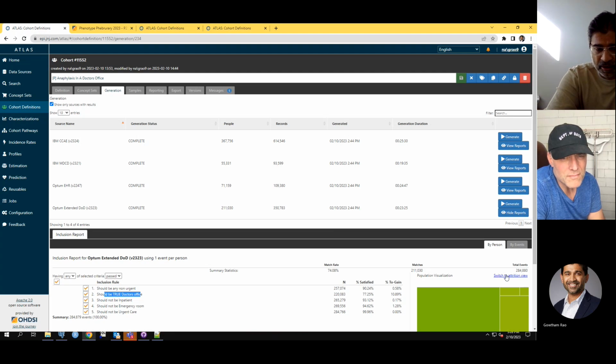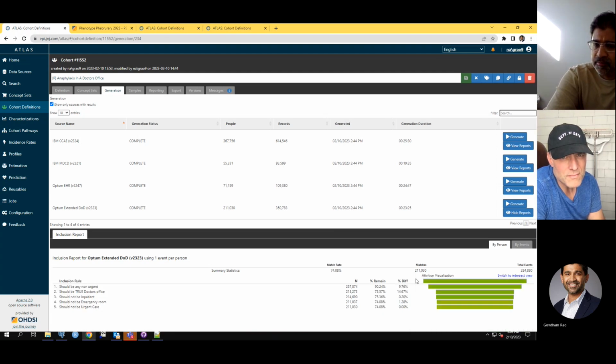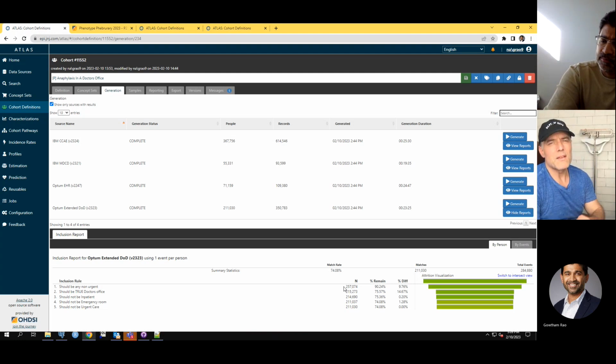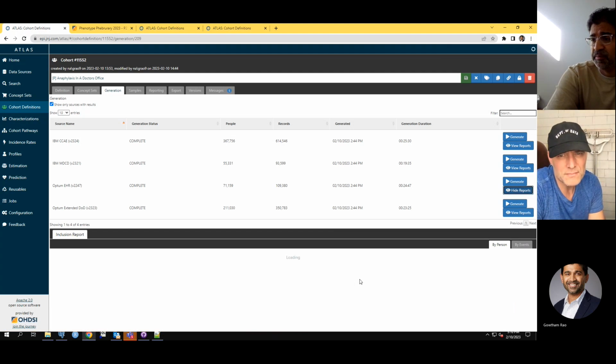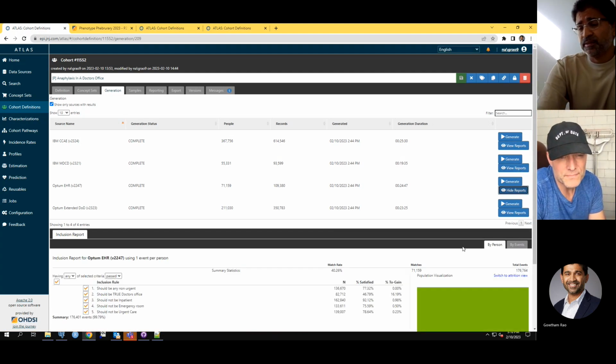We're just accepting that because you wouldn't get an EpiPen prescription there. I mean, you might, but it is what it is. Even then, 74%. So it's high. In Optum DOD, it's 70%. In Optum EHR, it's 50%, and IBM Medicaid is 50%. So even after applying the conservative rule, you're still getting a high number.